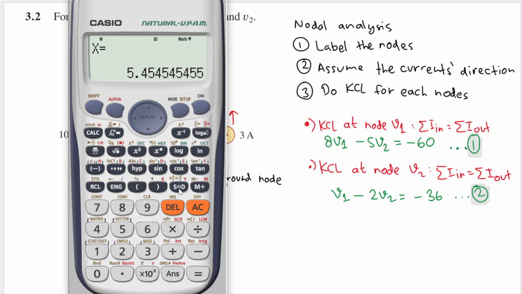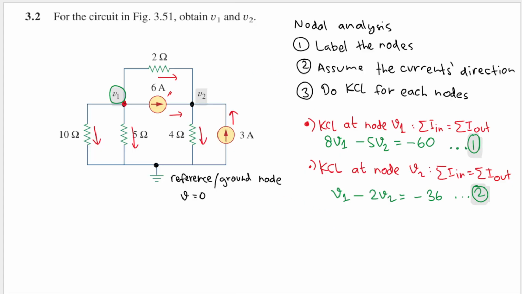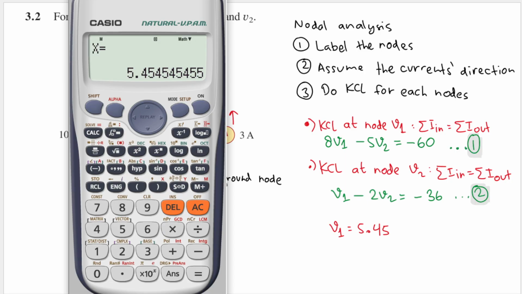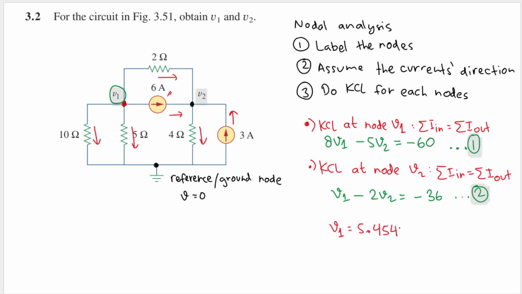Good. We will have our V1 here, which is 5 point, okay, 5 point, V1 is equal to 5.45, I think. Yeah, 45. And the unit will be in volt. And then what is V2?